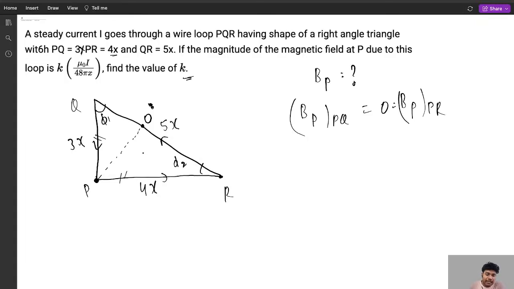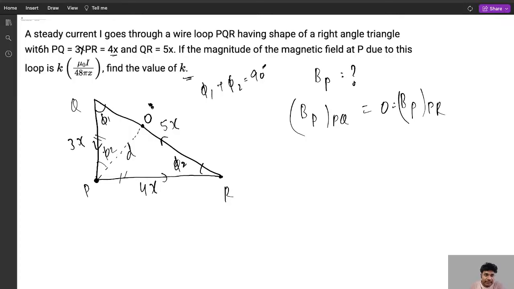What is the magnetic field due to a wire at a point P at a distance D? First we have to find the distance D. If this one is theta 1, then this one is 90 minus theta 1, that is theta 2, as theta 1 plus theta 2 is equal to 90.